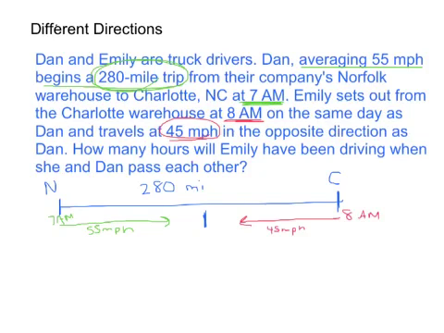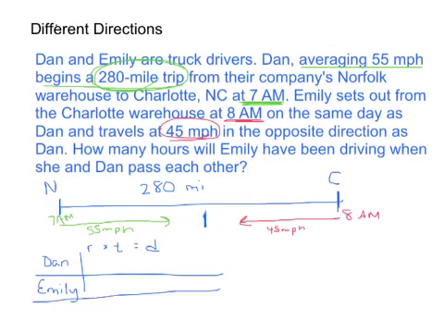So how do I put this in my table? Well, I'm going to have Dan, and I'm going to have Emily. I'm going to have my rate times my time equal my distance. And I know my total distance is 280 miles, the distance from one city to another.